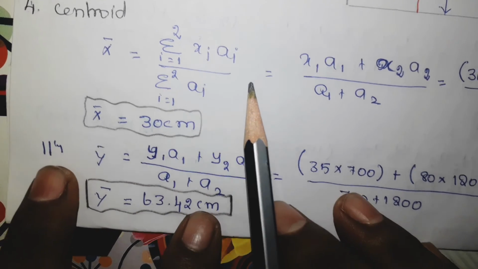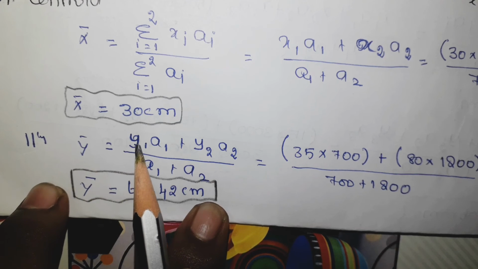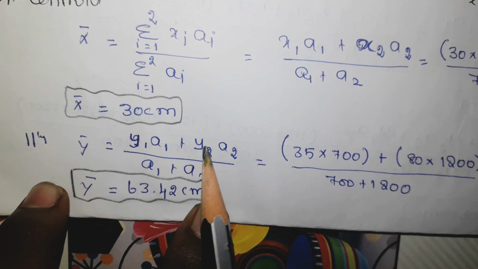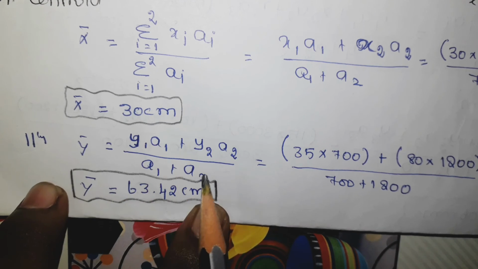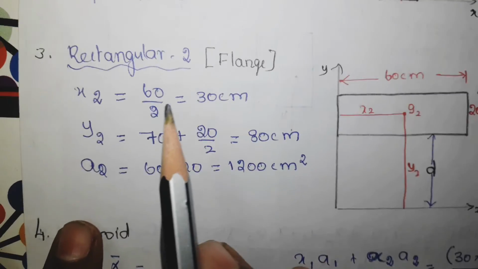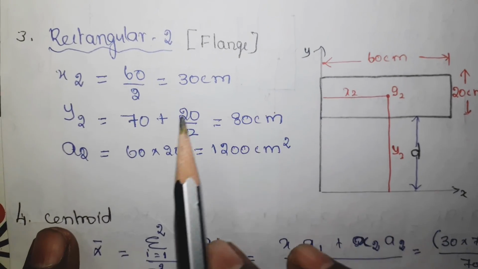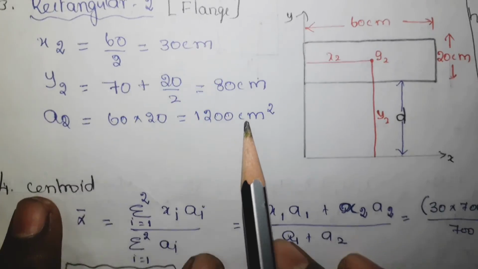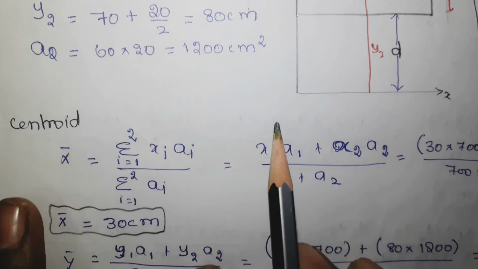In the similar manner, you can get the answer for y bar, which is equal to y1 a1 plus y2 a2 divided by a1 plus a2, where y1 equal to 35 centimeter and a1 is 700 centimeter square, y2 equal to 80 centimeter and a2 equal to 1200 centimeter square.